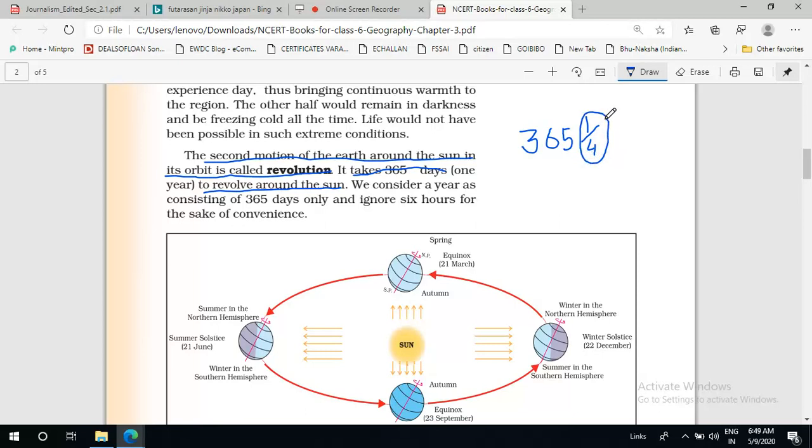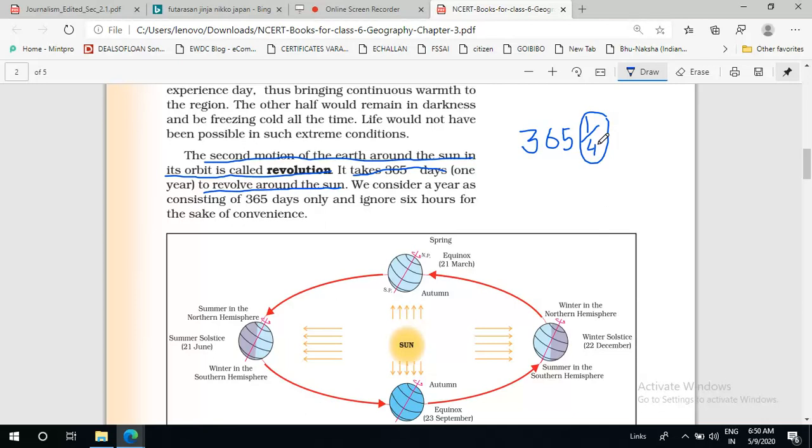When we say that there are 365 days in a year, we are simply not taking into consideration this 1/4 day, because if we consider it, then it will create a lot of practical problems, because how will we manage this 1/4 every year?